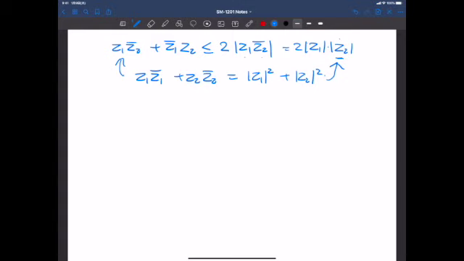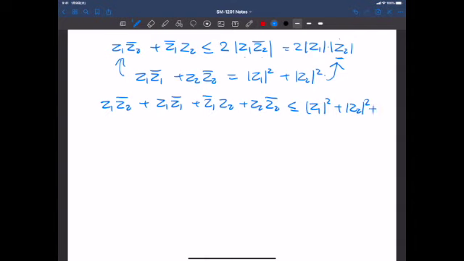The left hand side becomes z1 z2 bar plus z1 z1 bar and z1 bar z2 plus z2 z2 bar, and the right hand side is the modulus of z1 squared plus the modulus of z2 squared plus 2 times the modulus of z1 times the modulus of z2. The left hand side is clearly the modulus of z1 plus z2, squared.